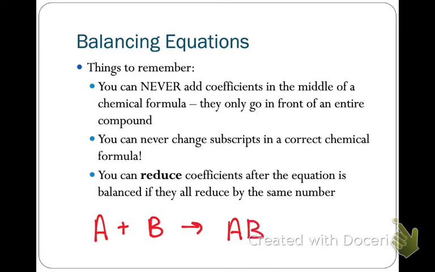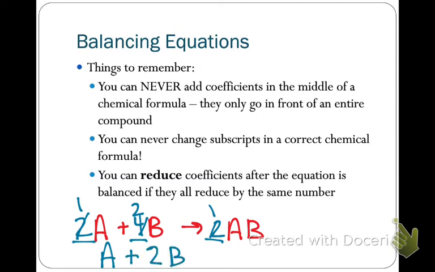And let's say we had in front of it coefficients of 2, 4, and 2, right? Well, all of these coefficients are reducible by a 2. So I would reduce those down and say 1, 2, 1, and my final formula would be A plus 2B yields AB, right? That doesn't happen that often, but in case it does, those coefficients, as long as they reduce by the same number, can be reduced.